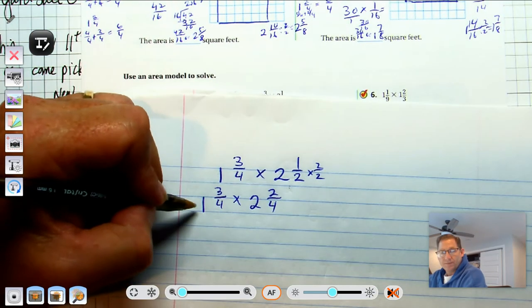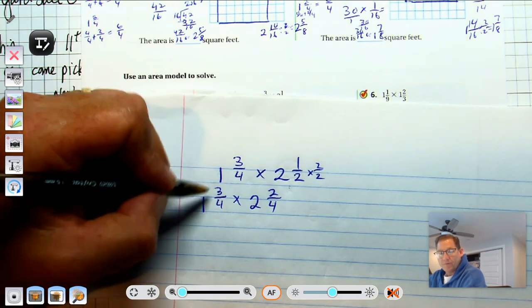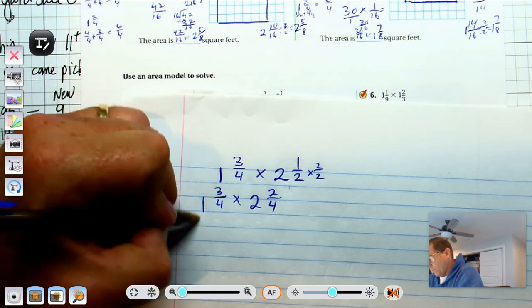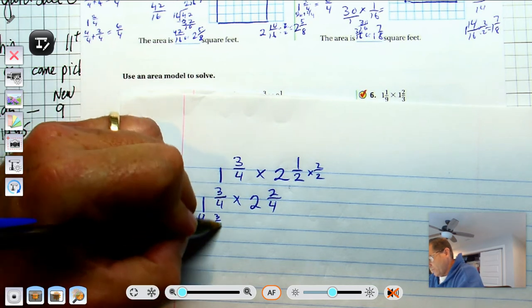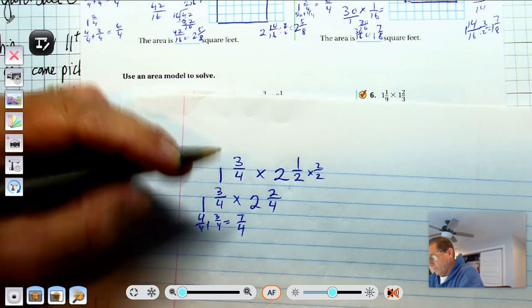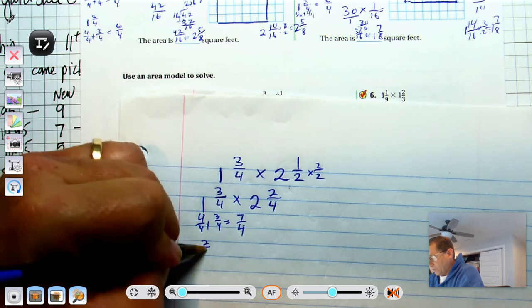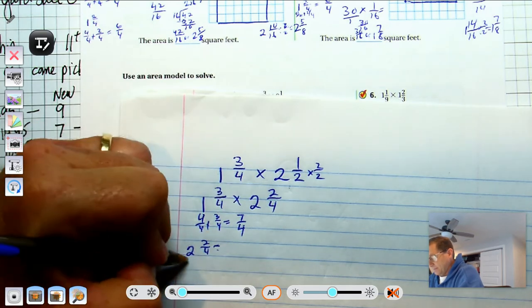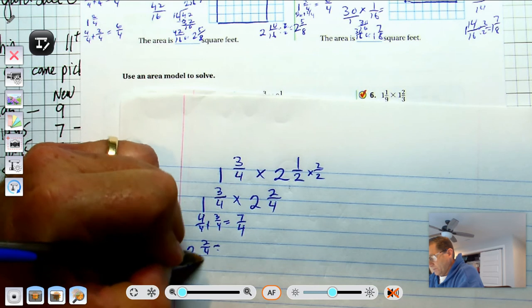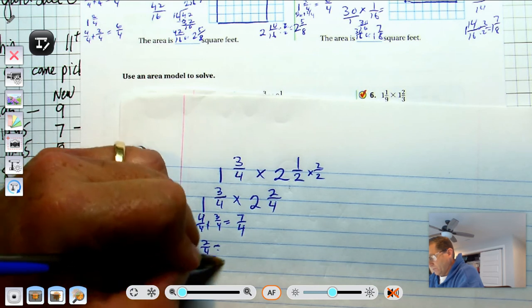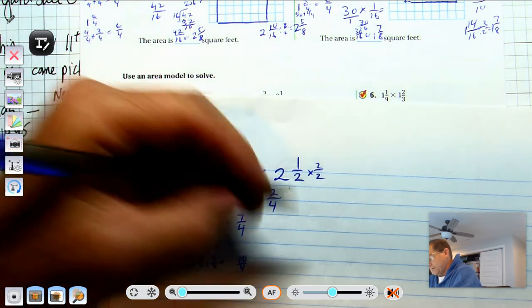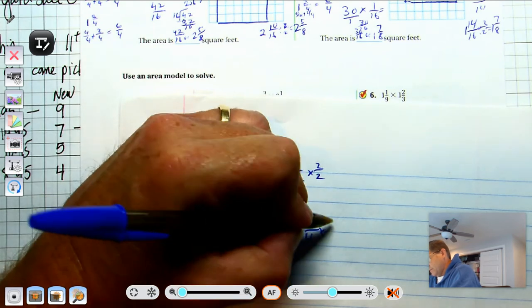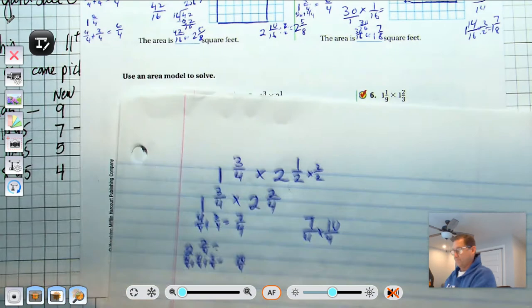How many fourths are in 1 3/4? 4/4 plus 3/4 equals 7/4. And 2 2/4 is the same as 4/4 plus 4/4 plus 2/4, or 10/4. So 7/4 times 10/4.